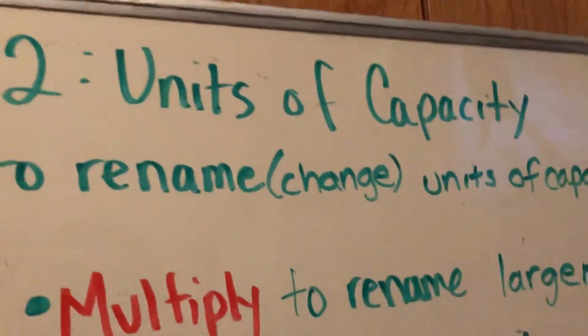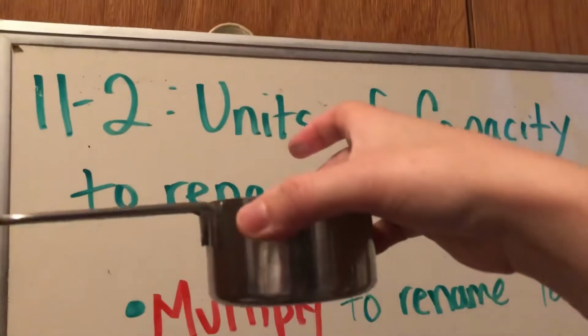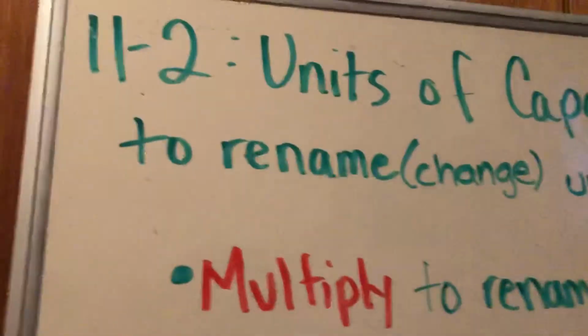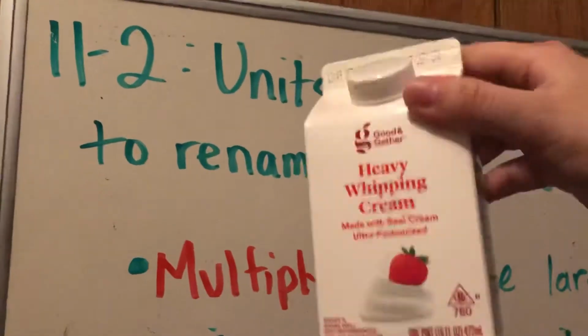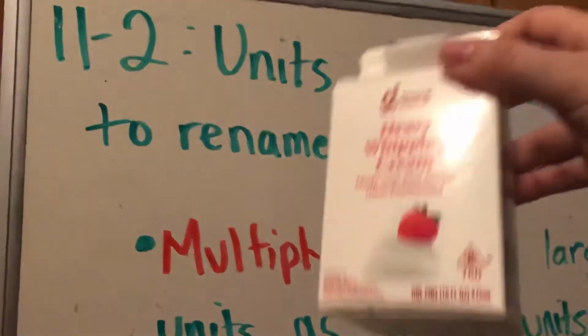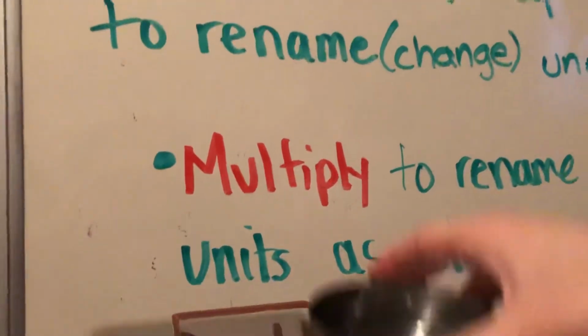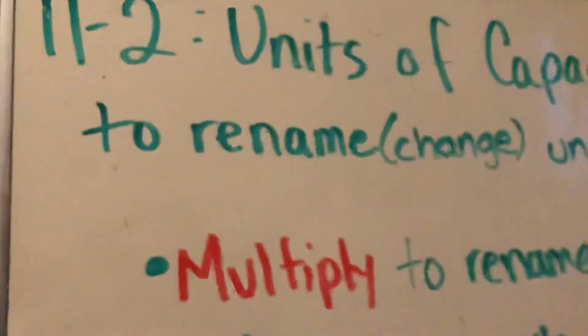So here you will have a cup, but I don't want to use cups. I want to figure out how many pints I need instead of cups. So if I don't have a jar to hold pints, I need to find how many cups are going to hold this pint. That's what this lesson is about.